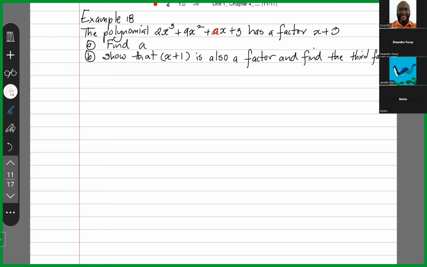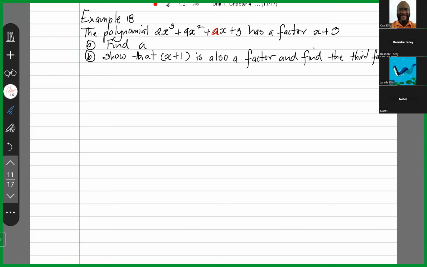All right, example 18. It says the polynomial 2x cubed plus 9x squared plus ax plus 3 has a factor x plus 3. Find a.